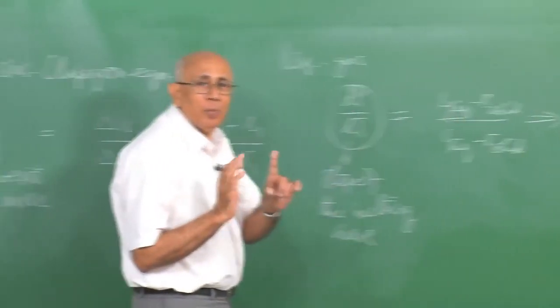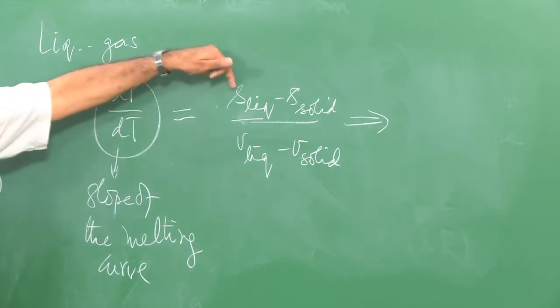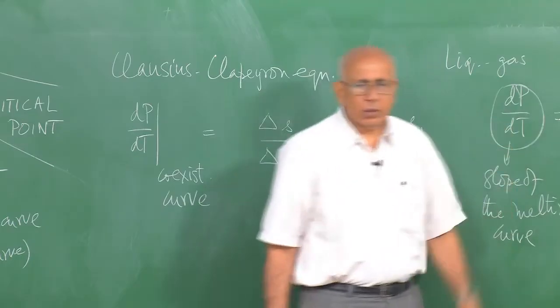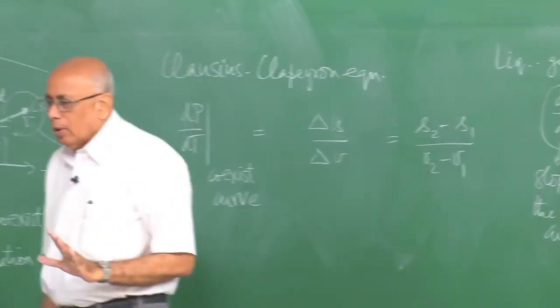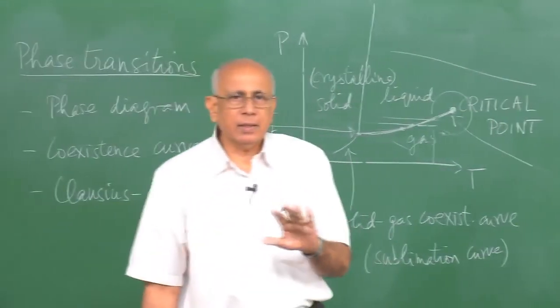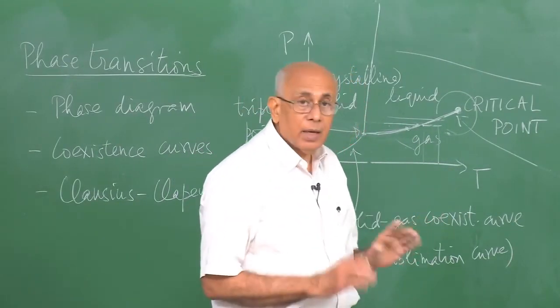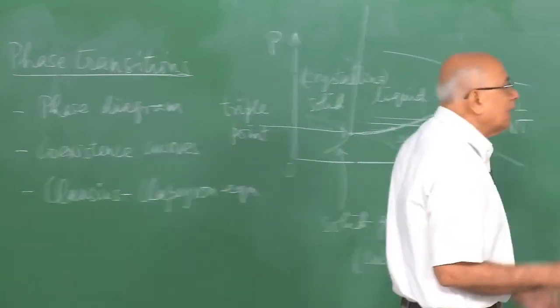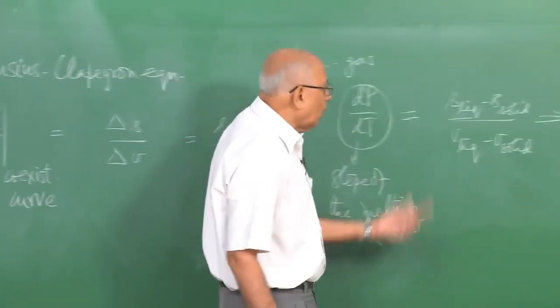Now we see there are two possibilities. The entropy of the liquid is always greater than that of the solid, no question about it. The liquid is far more disordered than the crystalline solid. So the numerator is large and positive, but the denominator can be positive or negative.